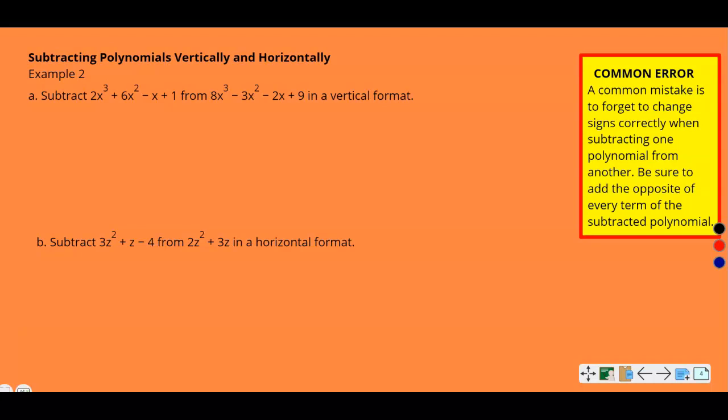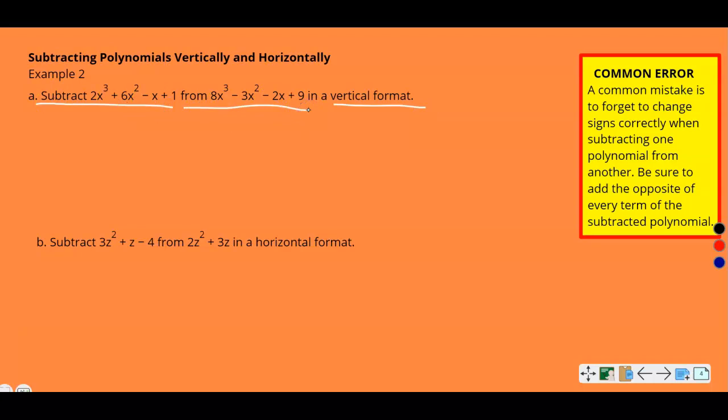So it says subtract 2x cubed plus 6x squared minus x plus 1 from 8x cubed minus 3x squared minus 2x plus 9 in a vertical format. All right, so it says subtract this from this.